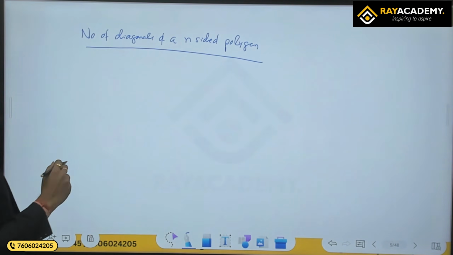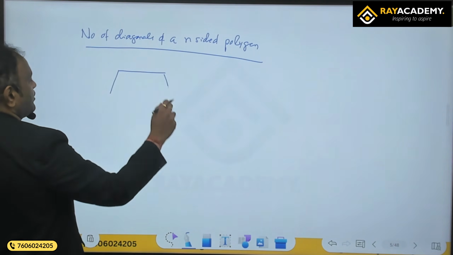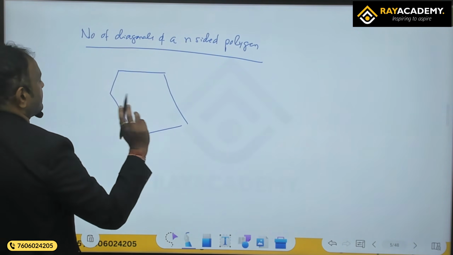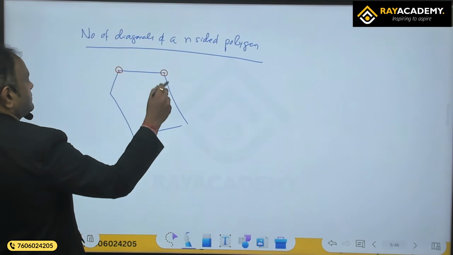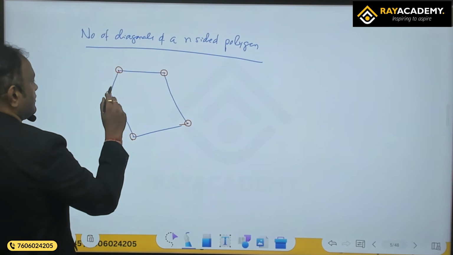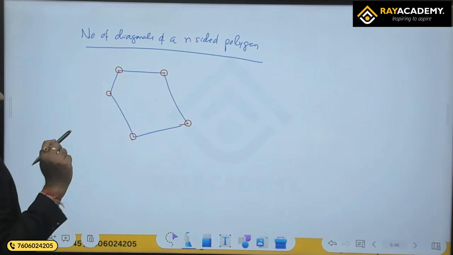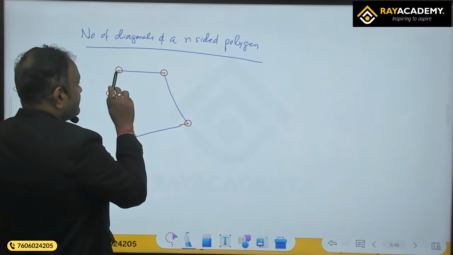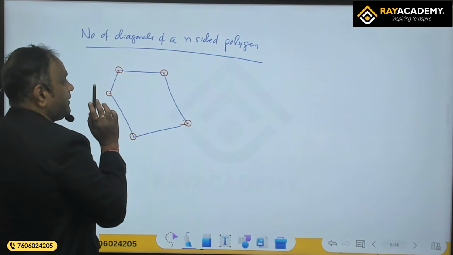How many diagonals are there for an n-sided polygon? Suppose this is the polygon, something I have drawn randomly. Let's say these are the points, the vertices of the polygon. I have drawn 1, 2, 3, 4, 5, a 5-sided polygon. So it is as good as there are 5 different points in a plane.